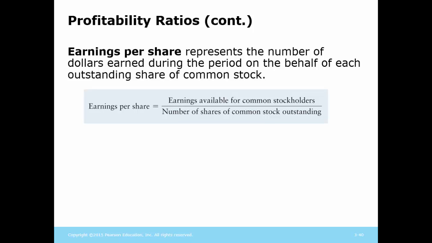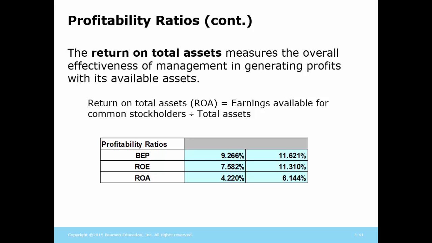Earnings per share, a number that I'm sure we've all heard of, is the net income available for common shareholders divided by the number of shares of stock that's outstanding. This is an important ratio as we move forward to try to understand the profitability of the company that belongs to the owners themselves. There's a ratio of profitability called return on total assets.